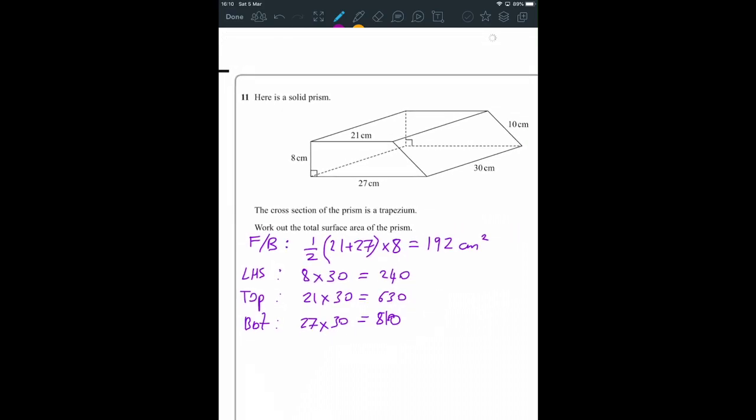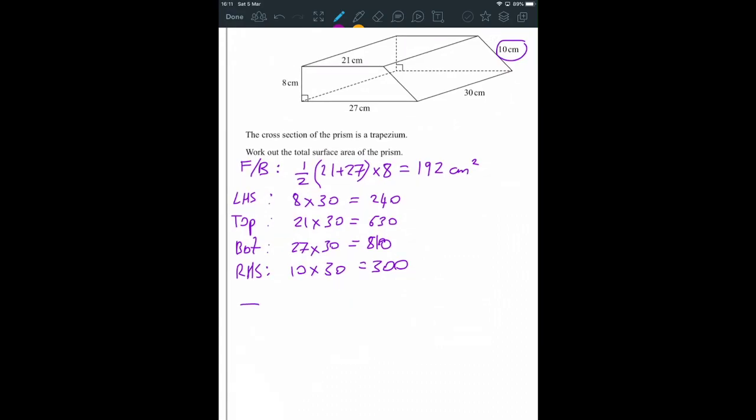And we have been told, perfect, the slanted length over there for that right hand side slanted height is 10, times 30, which is 300. So our total surface area is each of those rectangles plus 2 lots of, for the front and the back of the trapezium.